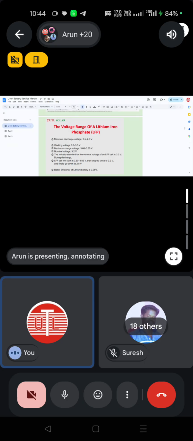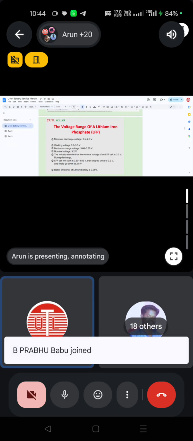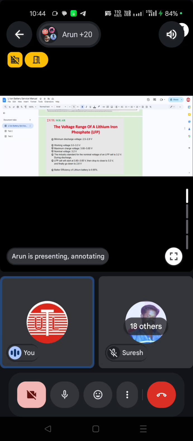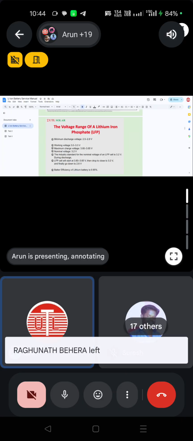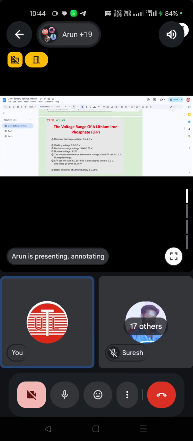Here you can see the first line: minimum discharge voltage is 2.5 to 2.8 volt. 2.5 is the low cut and 2.8 is the nominal. Working voltage is 3 or 3.3 volt. Maximum charging voltage is 3.6 to 3.65 volt.